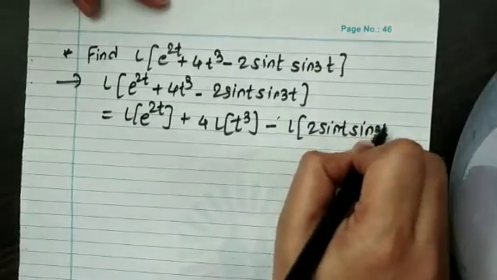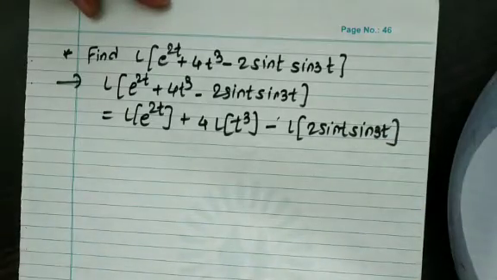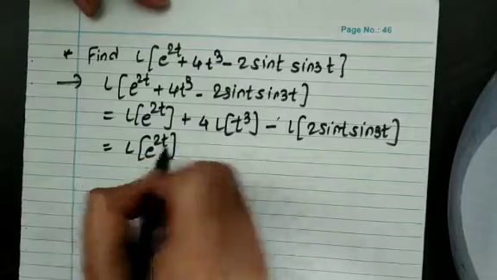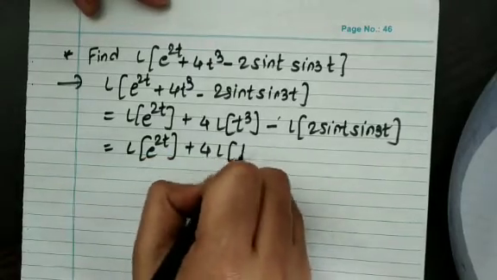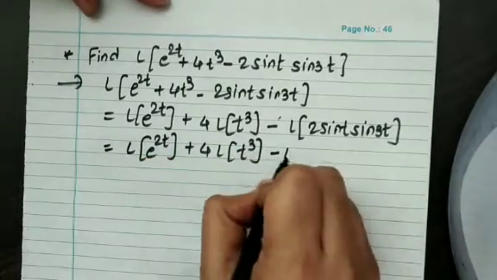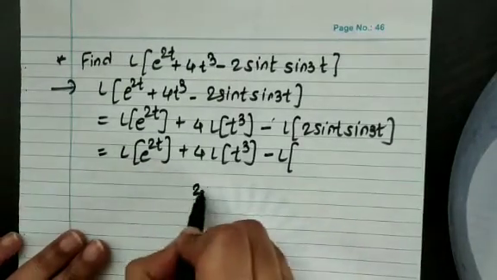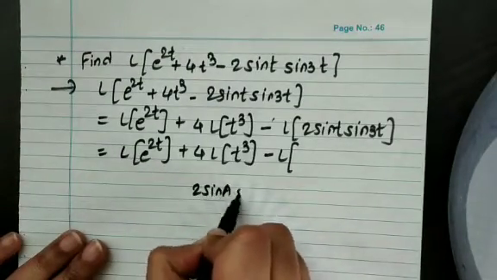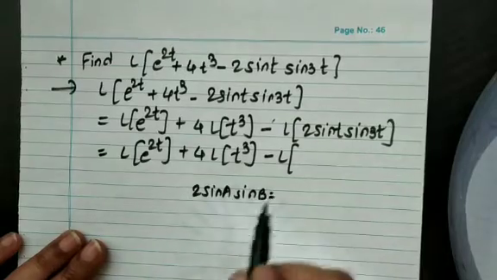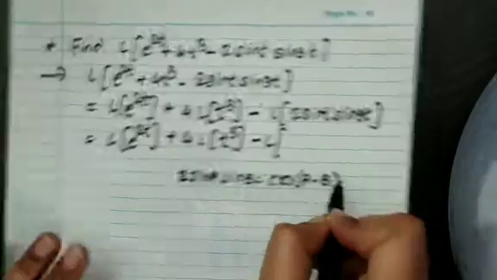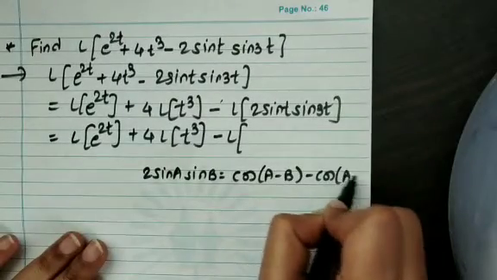As they are in multiplication, we cannot separate them. So we write Laplace of e raised to 2t plus 4 Laplace of t cube minus Laplace of 2 sin a sin b. We have a formula for that: 2 sin a sin b is nothing but cos a minus b minus cos a plus b.